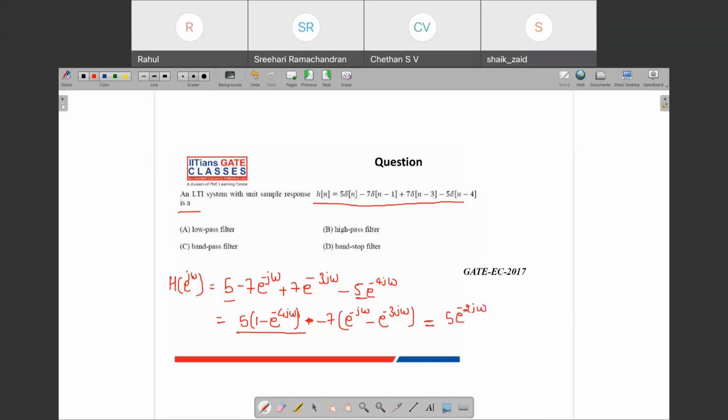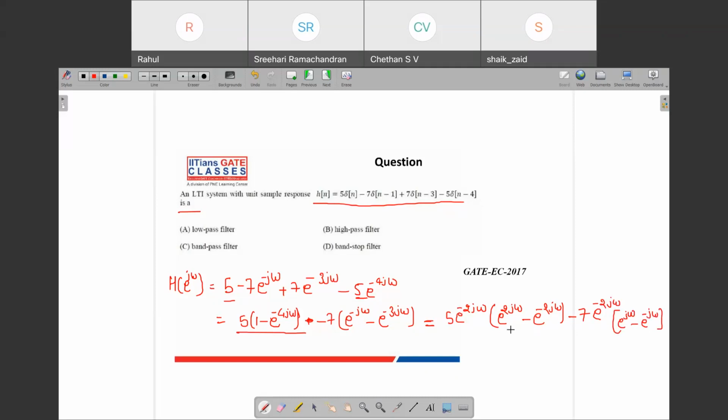You'll get e to the power 2 j omega minus e to the power minus 2 j omega, then minus 7. Here also you can take something common such that it becomes that format. So here you can take again e to the power minus 2 j omega common. So it will become e to the power j omega minus e to the power minus j omega.